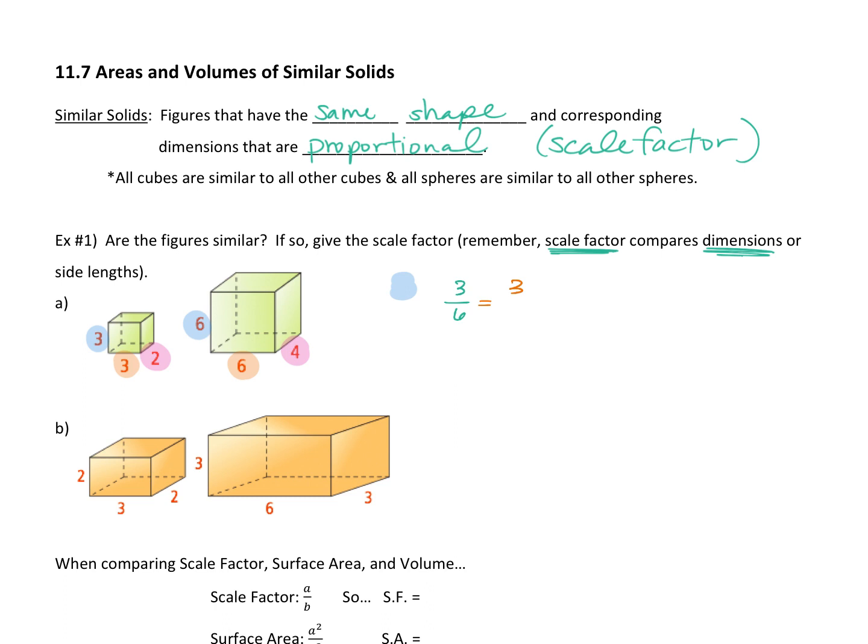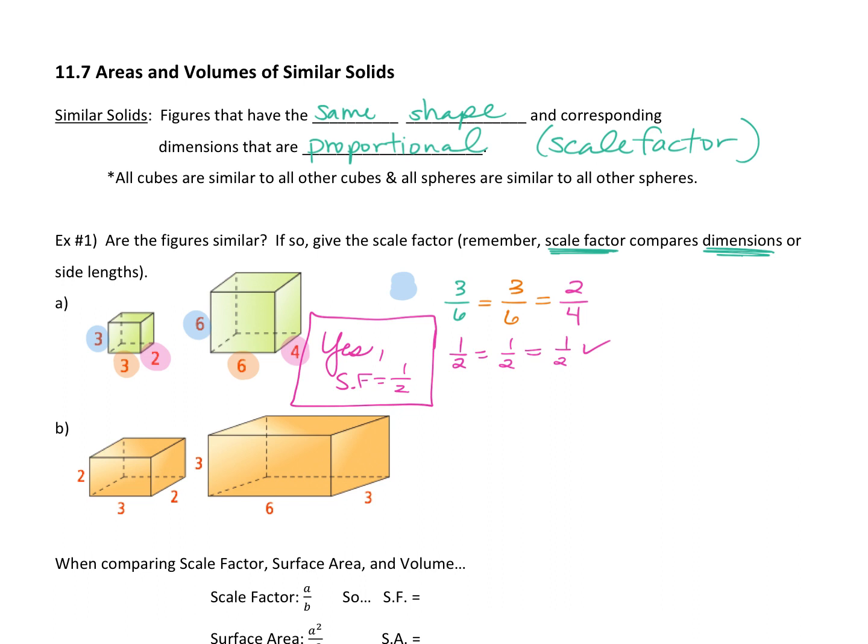And then we have another 3 to 6, and then we have 2 to 4, okay? Now, if all of those are truly equal, our figures are proportional, okay? These are similar figures. So 3 to 6 is 1 to 2, 3 to 6 is 1 to 2, and 2 to 4 is 1 to 2. So because they are all the same scale factor, we would say, yes, these figures are similar with a scale factor of 1 to 2.